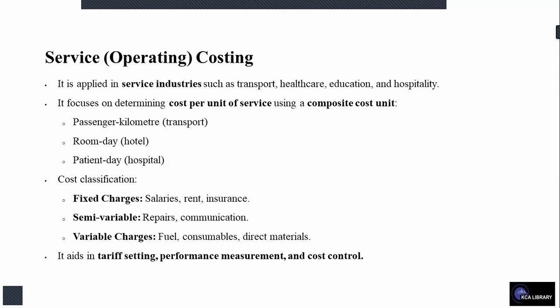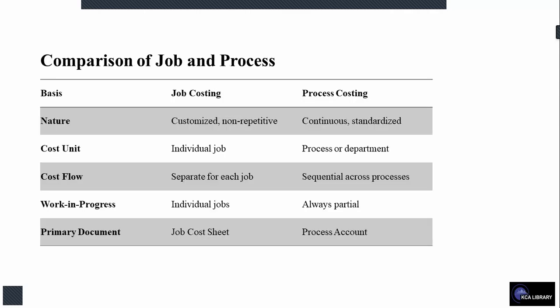We have semi-variable charges such as repairs and communication. And we have variable charges such as fuel, consumables, and direct materials. It aids in tariff setting, performance measurement, and cost control.